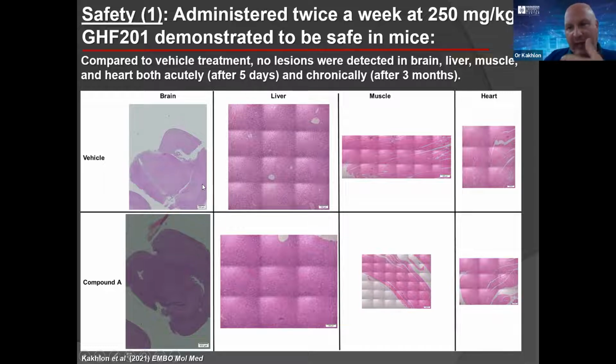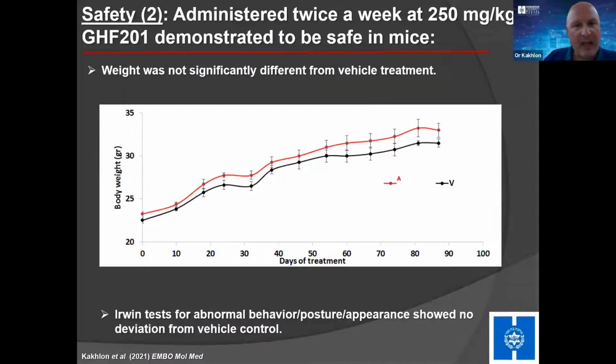When you treat mice with GHF201, with this molecule, you can see there are no lesions in different tissues as compared to the vehicle treatment. So number one, there are no lesions, which means that histologically it is safe. And also, number two, no change in the weight, which is a very strong indicator of the animal well-being.